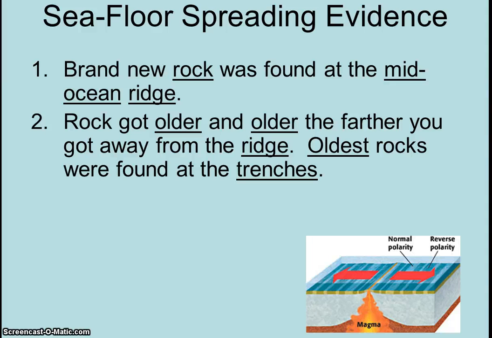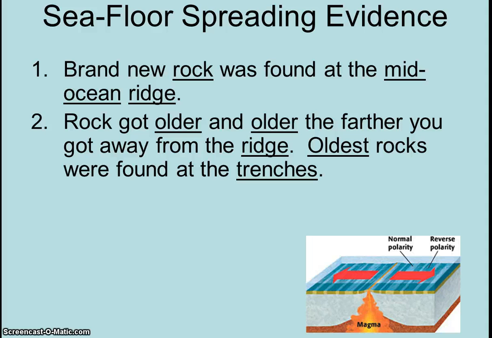So as they tested the rock age away from the mid-ocean ridge, let's say they tested it 100 miles in either direction, it would be older and about the same age. And then they would go out 200 miles from the ridge. In each direction, the rock would be about the same age and even older than at 100.